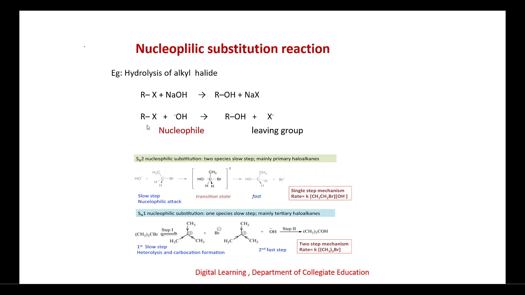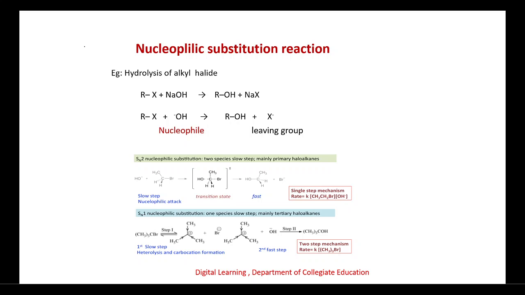For example, when I take an alkyl halide in presence of a nucleophile, the halogen atom is substituted by the nucleophile to give the corresponding product, and an alcohol is formed. Generally, nucleophilic substitution reactions are designated by SN. S stands for substitution and N stands for nucleophilic, that is the reactive intermediate.